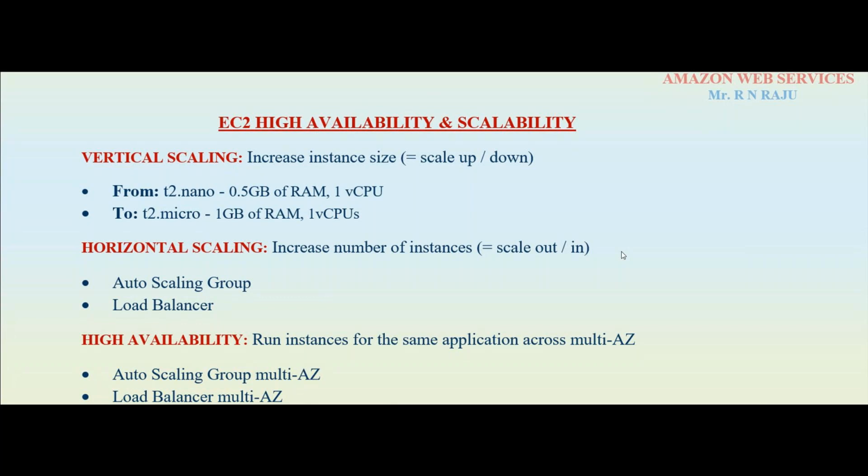So the backend AWS offers instance types. You can change the instance type from T2.micro to maybe medium or small, I mean 1 CPU, 1 GB RAM to 2 CPUs, 2 GB RAM. That is called vertical scaling. Vertical scaling means you can change the instance type.